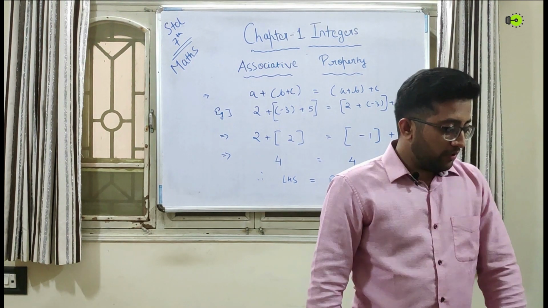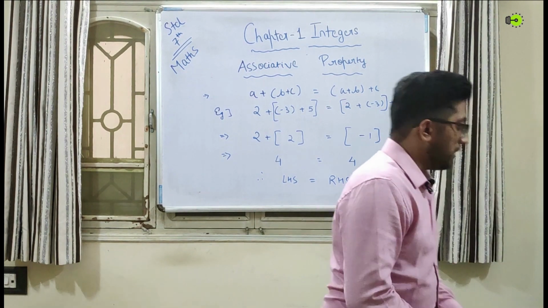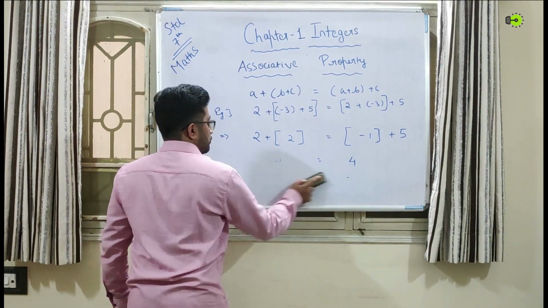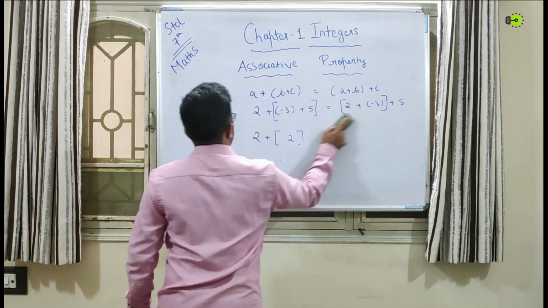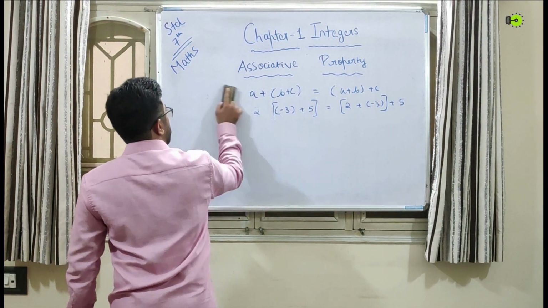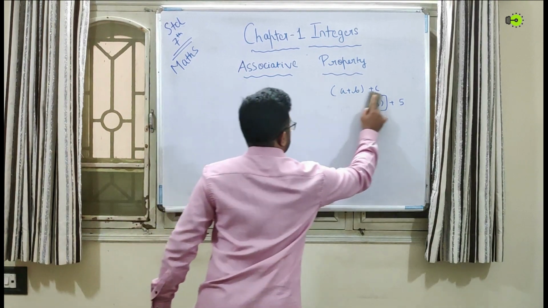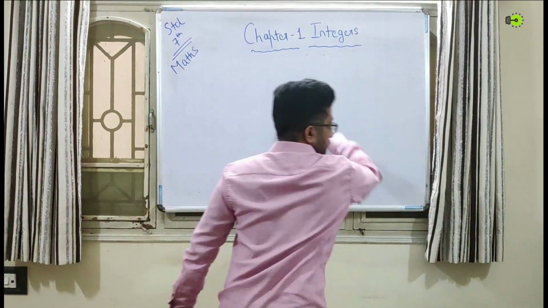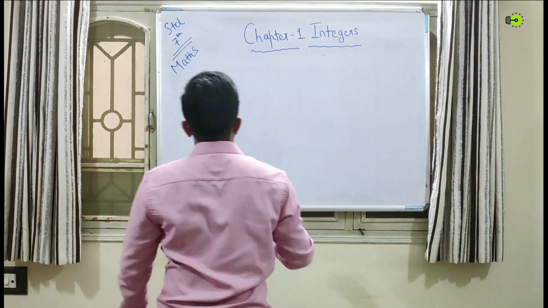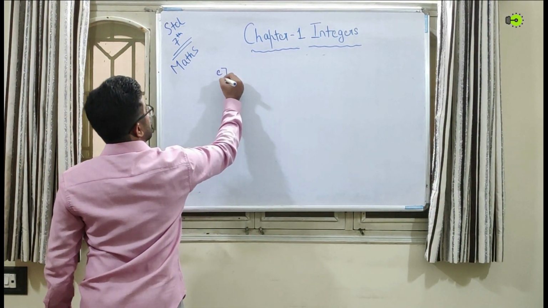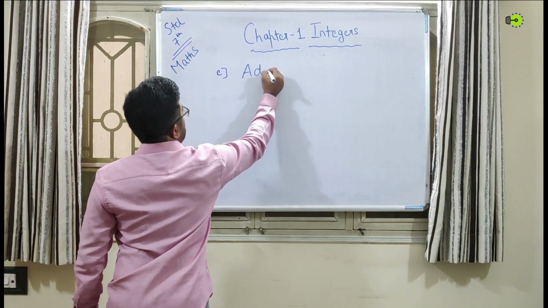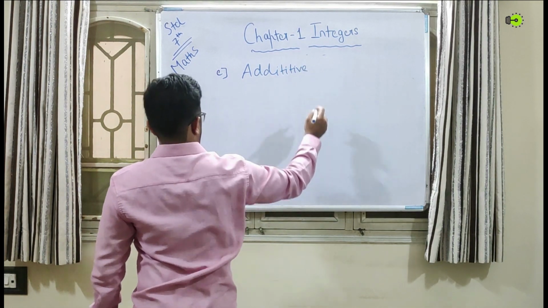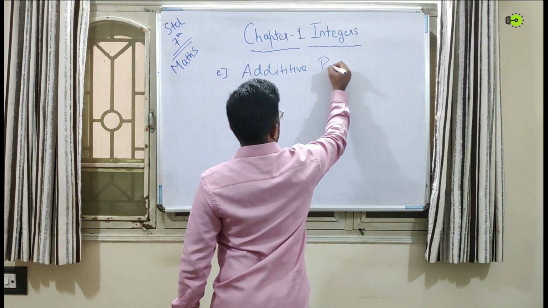Now the last property discussed in your book is the additive identity for subtraction and addition. So let us see the same property. Additive property.